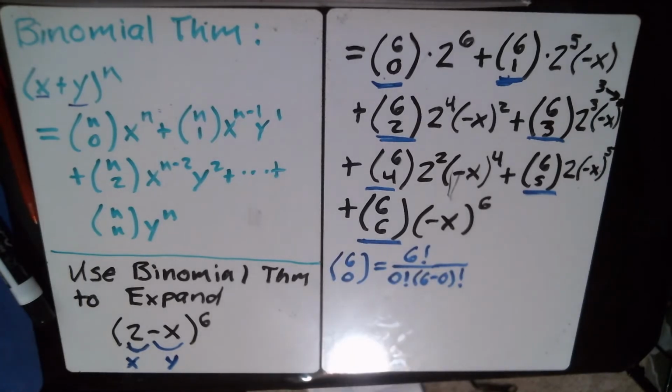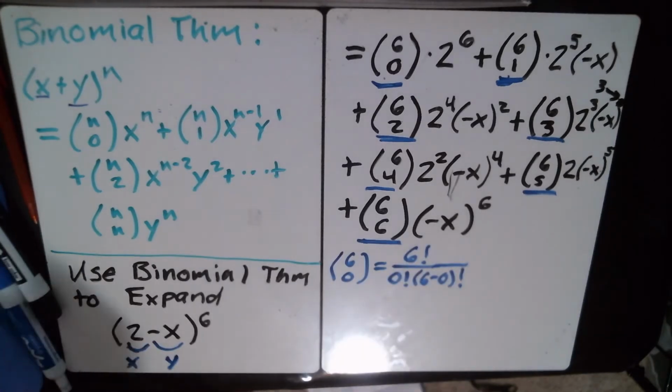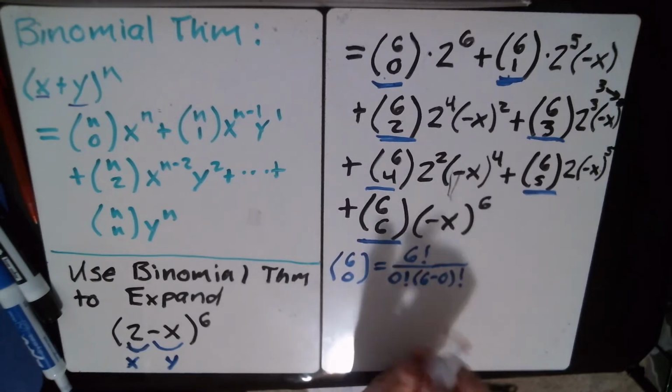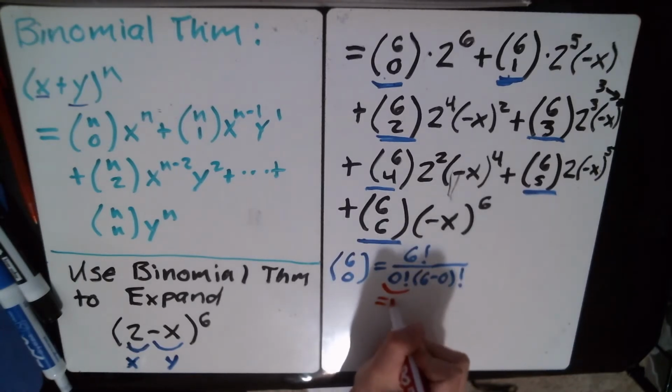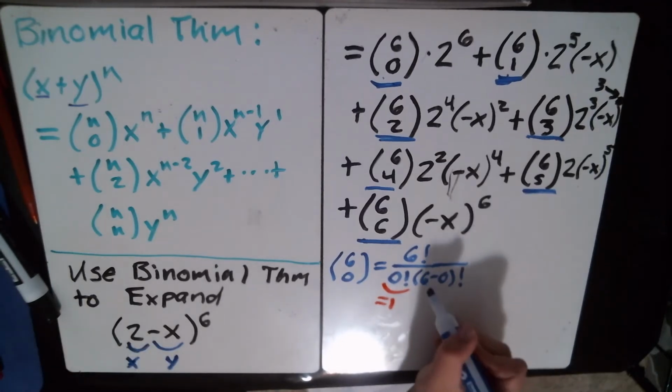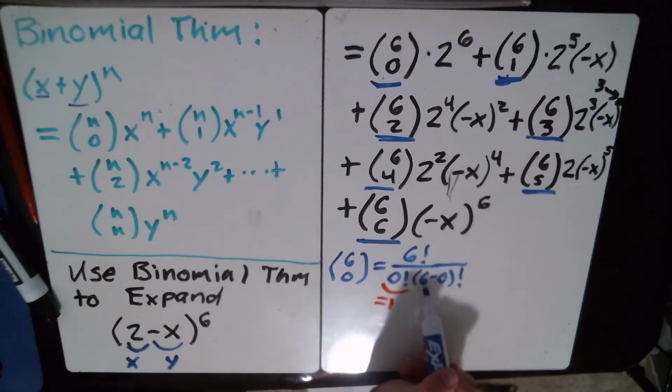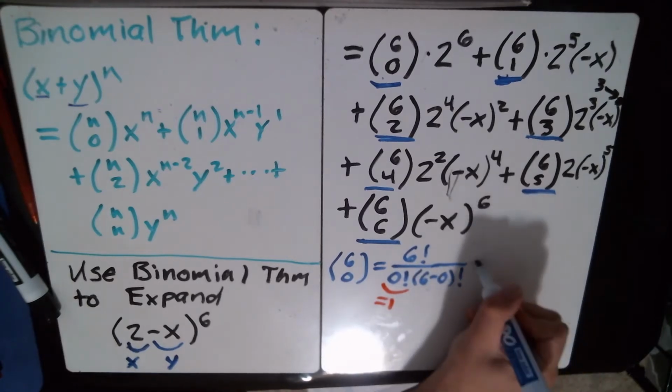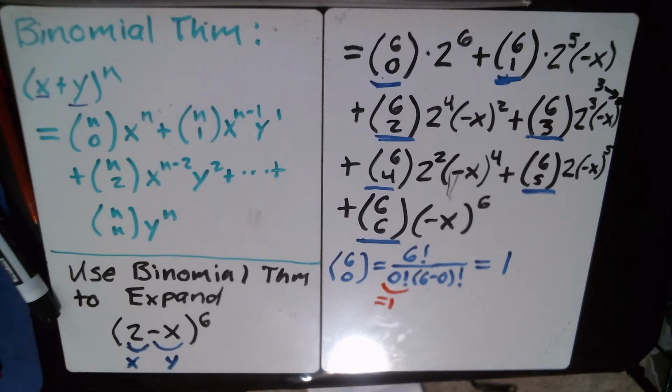So 0 factorial is always just 1. We get 6 factorial divided by 6 minus 0, which is 6 factorial, so this is just 1. 6 factorial divided by 6 factorial would be 1.